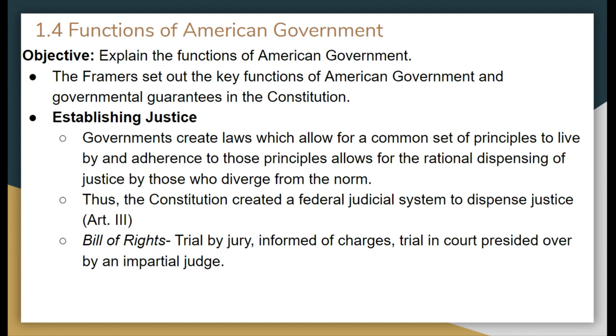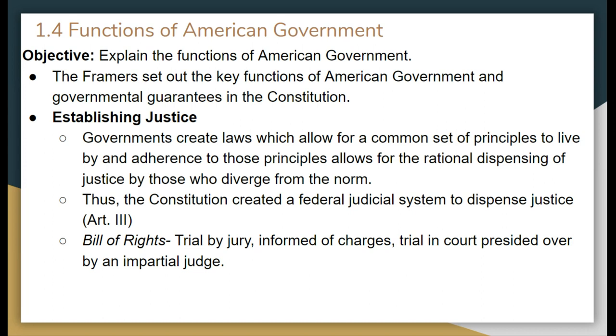The framers set out the key functions of the American government and the governmental guarantees in the United States Constitution. And one of the key functions that they encoded in the Constitution was the idea of establishing justice. Governments create laws which allow for a common set of principles to live by, and adherence to those principles allows for the rational dispensing of justice by those who diverge from the norm.